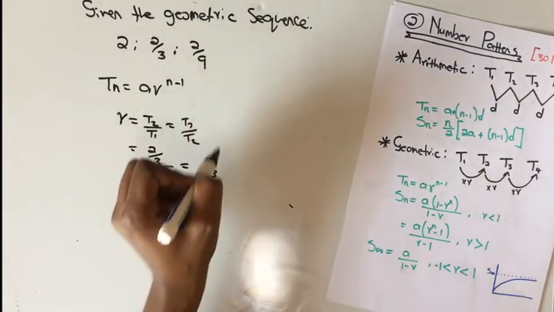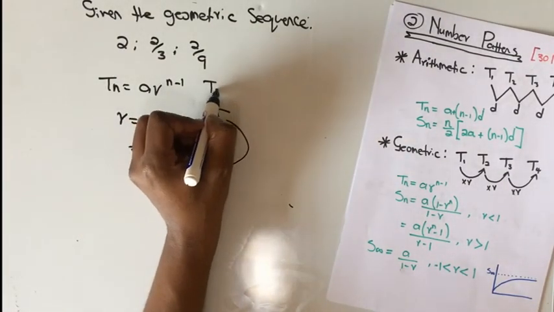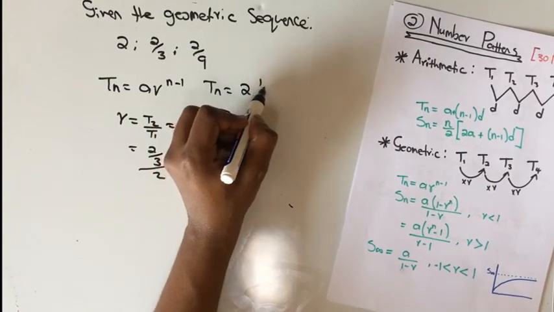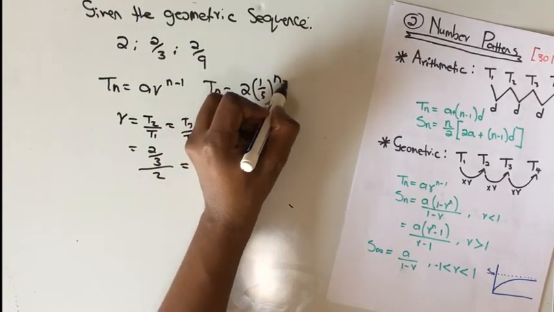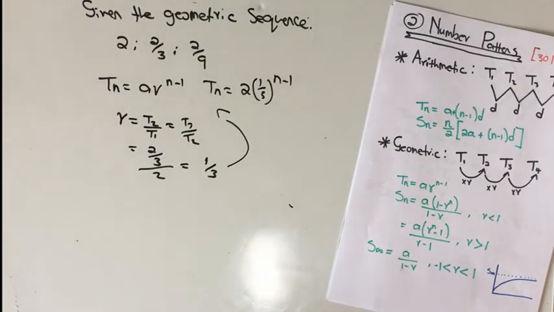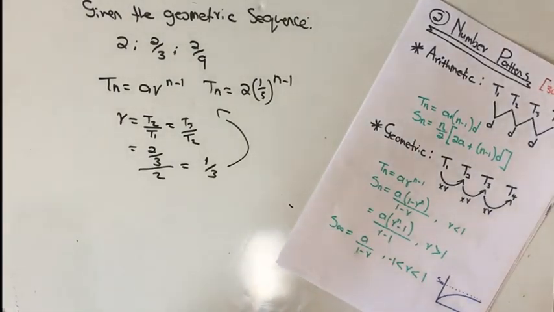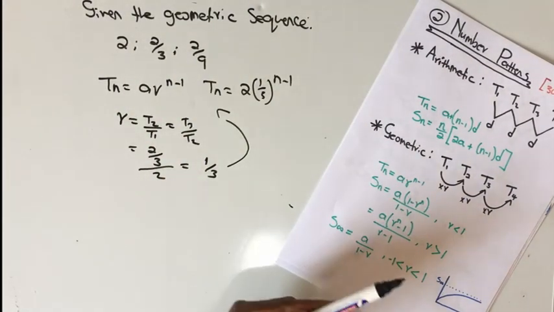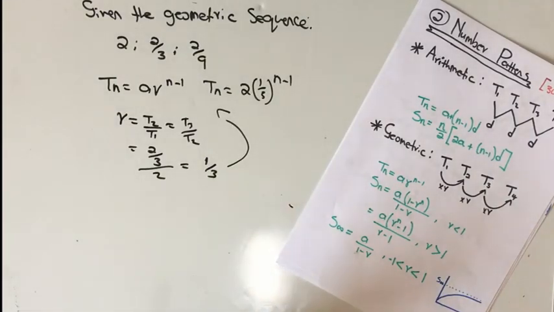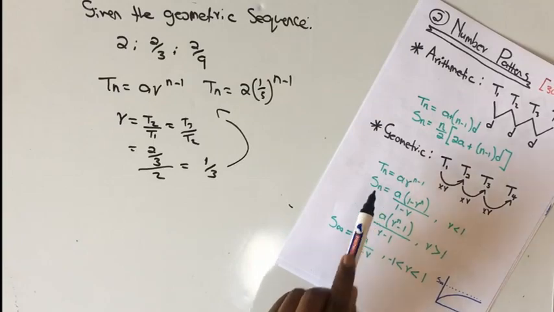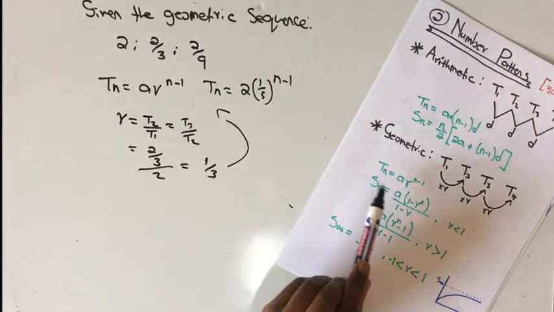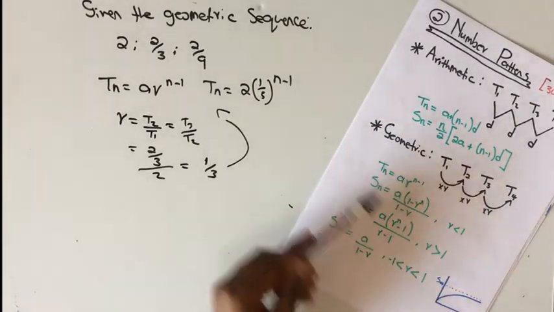So now tn is simply 2 times 1 over 3 to the n minus 1. Now we can still apply the same formula there to find the sum of the number of terms that we want. If we want the sum of 20 terms, we can put S20 there and then solve using this equation.